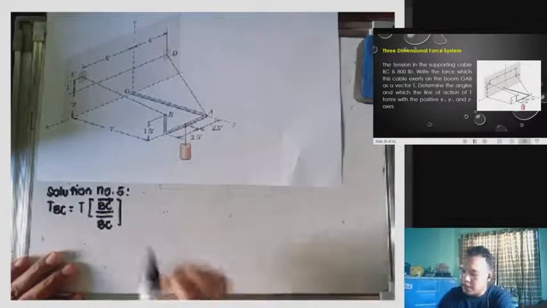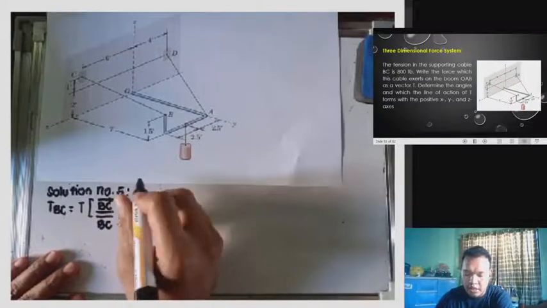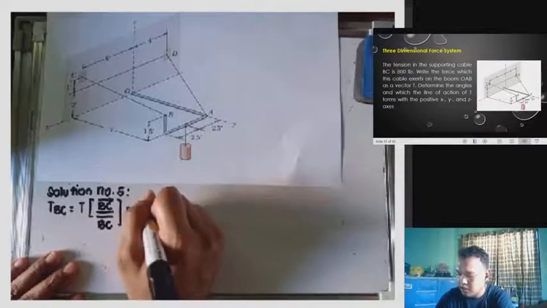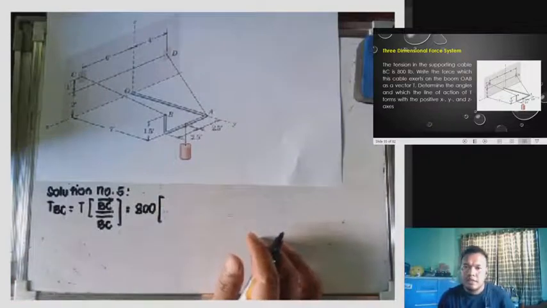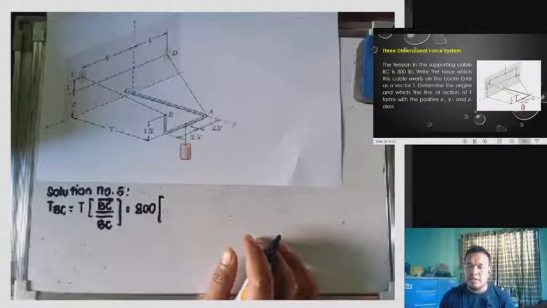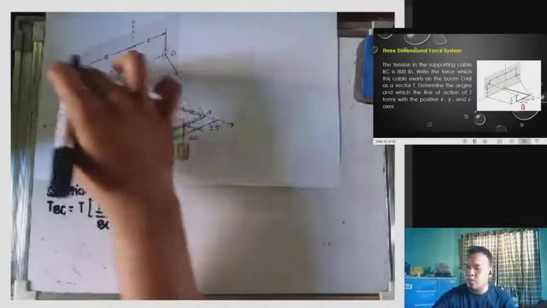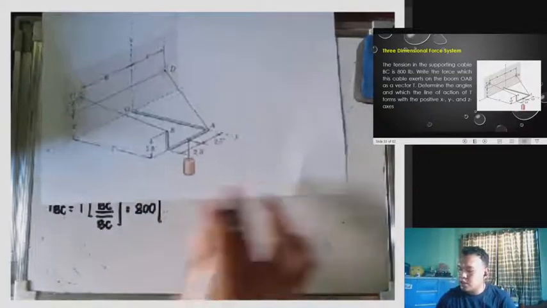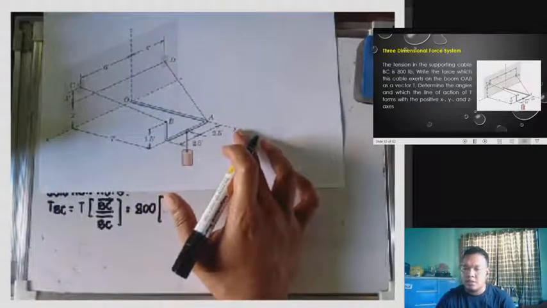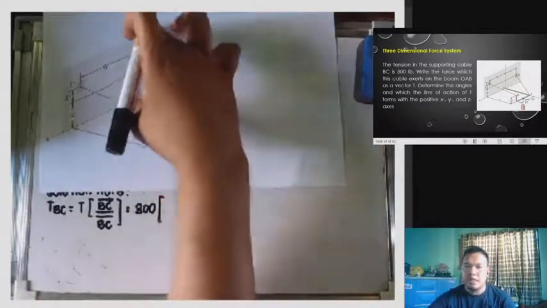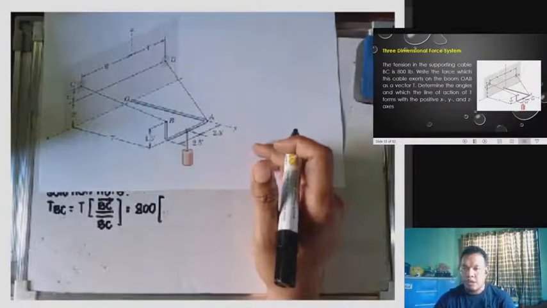Okay? Then, T is equivalent kay 800 pounds. Then, yung BC is, again, the coordinates ng tension wire. So, let's say, ito si x-axis, ibig sabihin yan yung I. Si y-axis, nandito yung J. And si z-axis, nandito yung K natin.